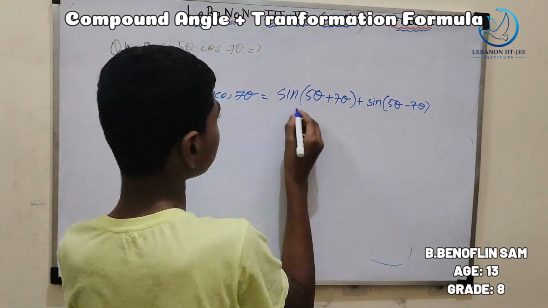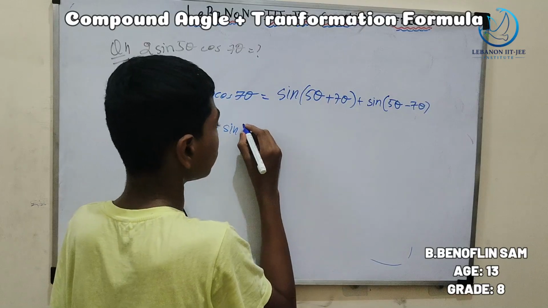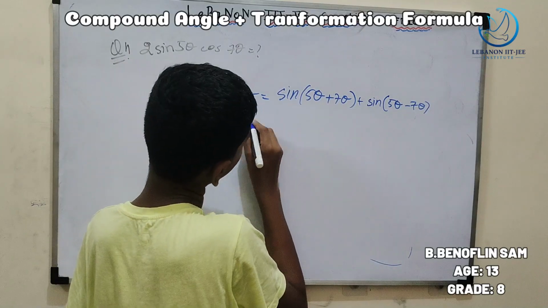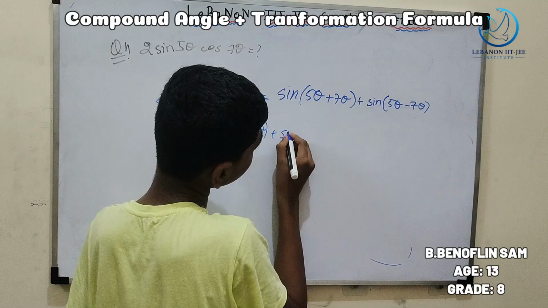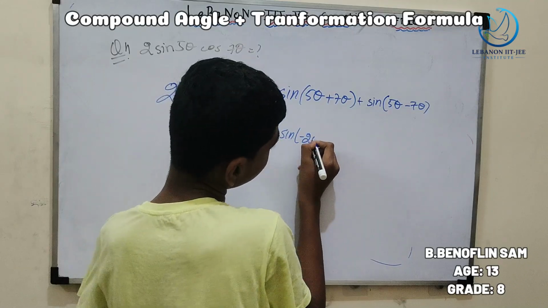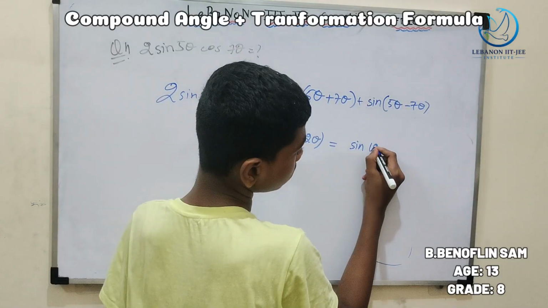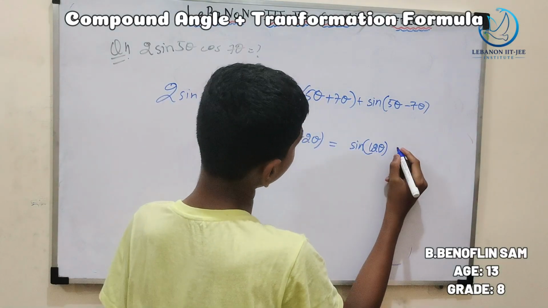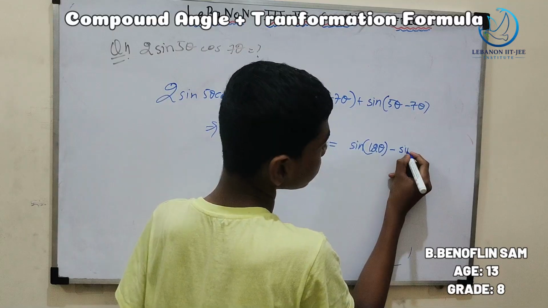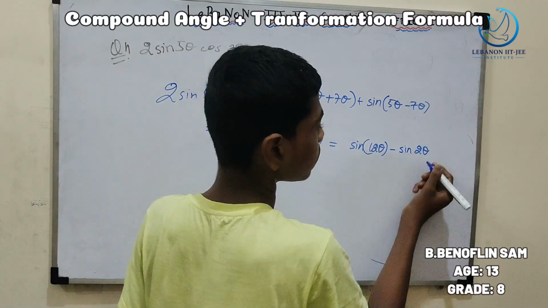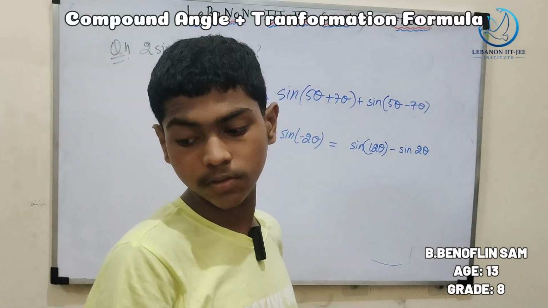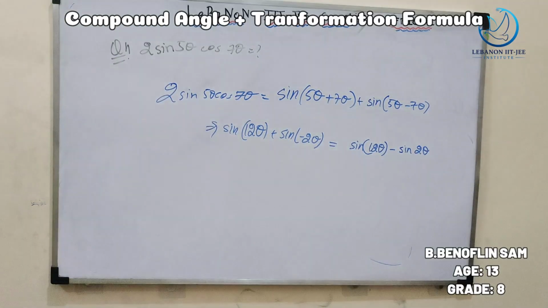So it is equal to sine 12 theta plus sine minus 2 theta, or you can say sine 12 theta minus sine 2 theta. This is how to solve this question by ourselves.